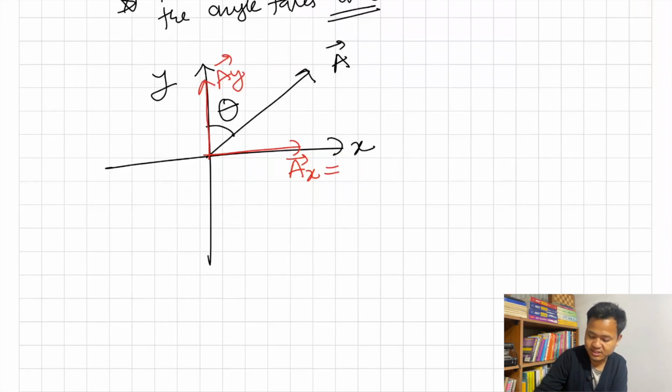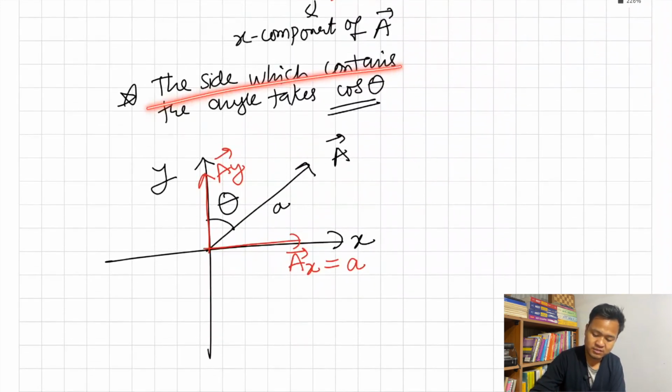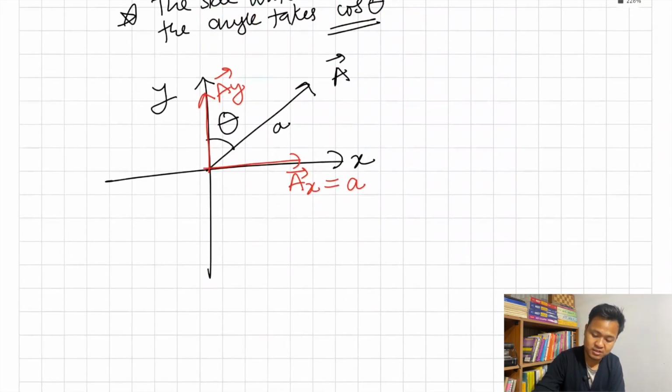Let's say the magnitude of vector a is small a. The side which contains the angle takes cos theta. Here the theta is on the y-axis side, so cos theta should come for ay, and sine theta for ax. Therefore ax equals a sine theta, and ay equals a cos theta.